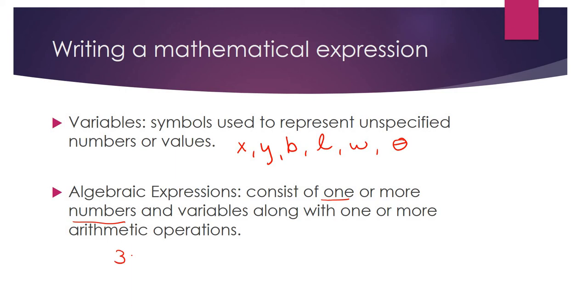So 3 is an algebraic expression. It consists of a number and a variable, 2x. There is an operation here. The operation would be multiplication. Or it could be much more complicated, like 4y plus 2x divided by z. All of these are algebraic expressions. Again, pause if you need more time to write.